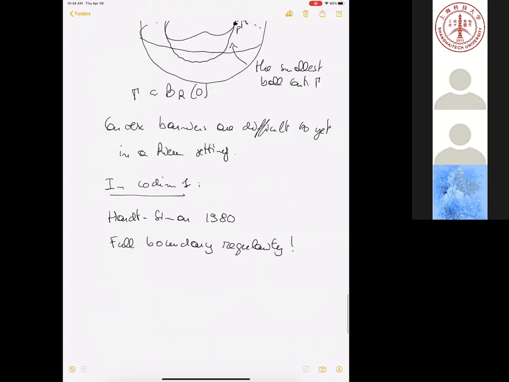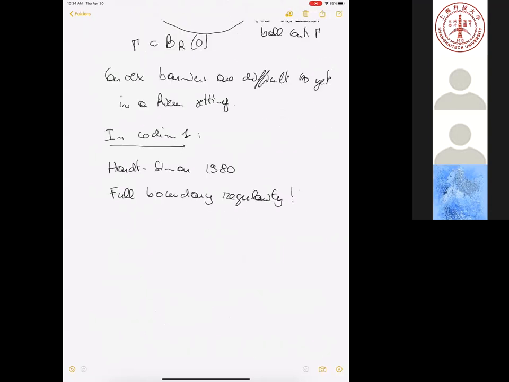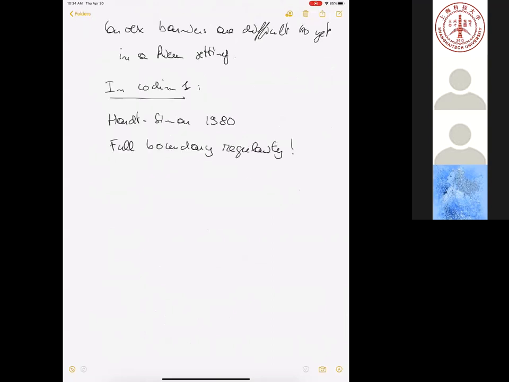But for something like this in higher codimension, it was up to now an open question whether there is even just only one possible regular boundary point.